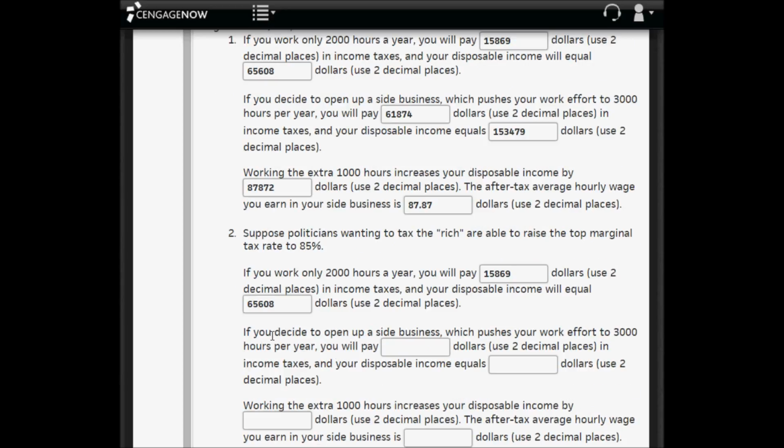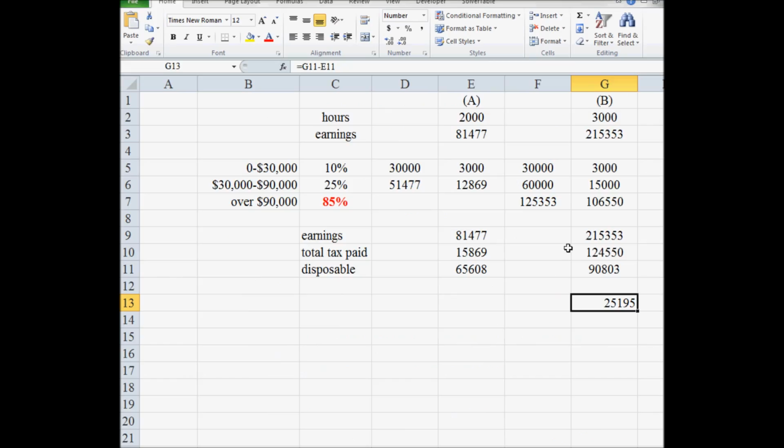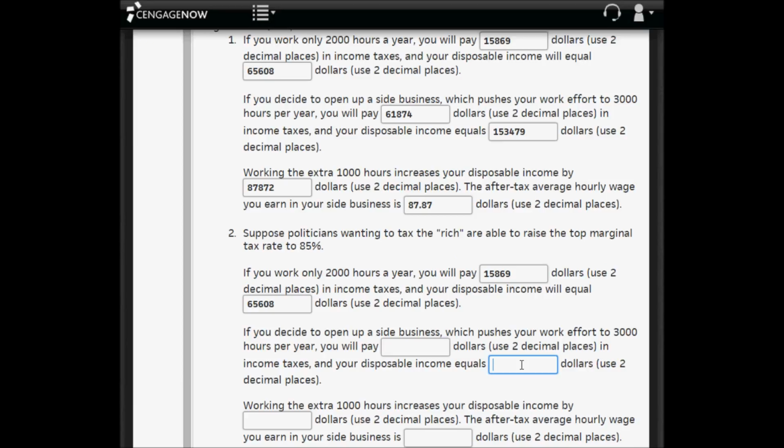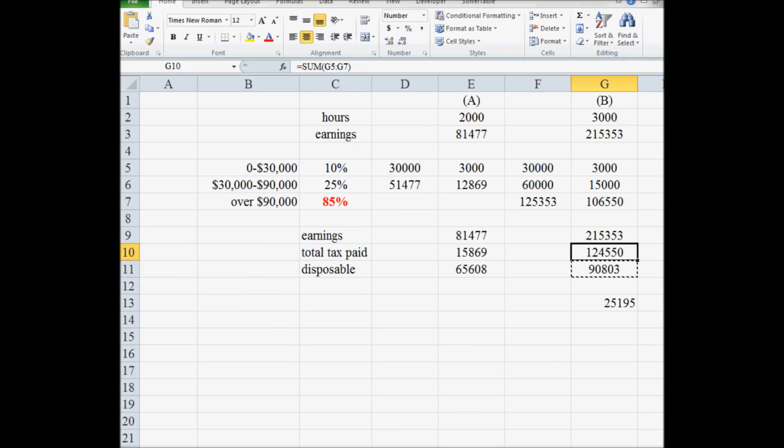But in part 2, working the extra 3,000, the numbers have changed, haven't they? So your disposable income is now only $90,803. The income taxes you pay are a whopping $124,550.